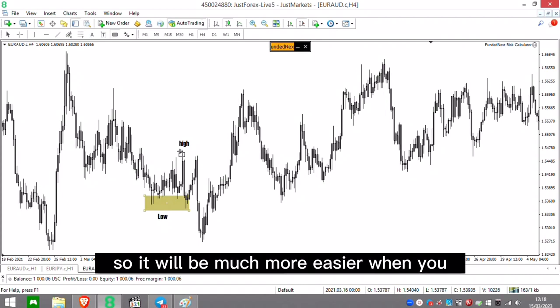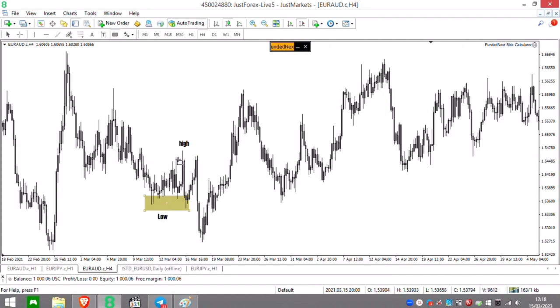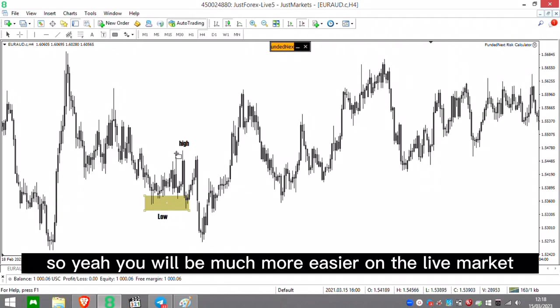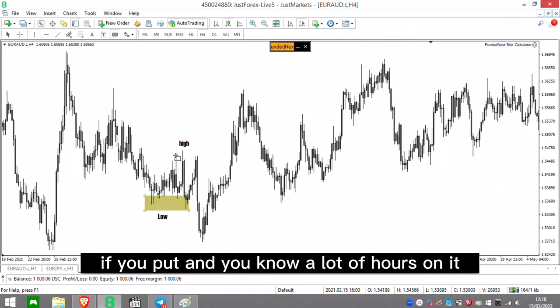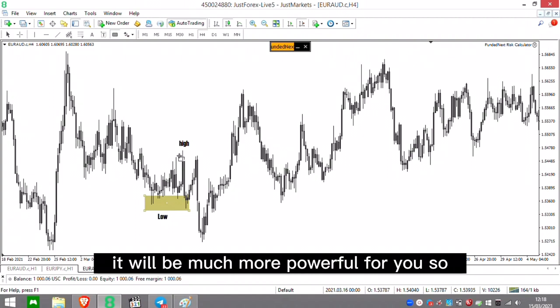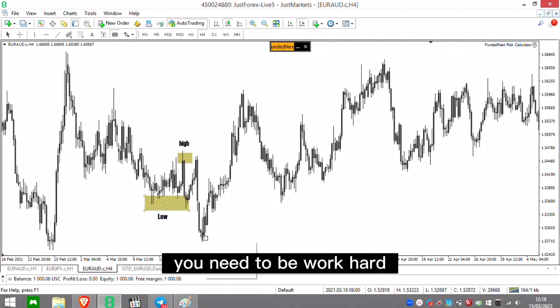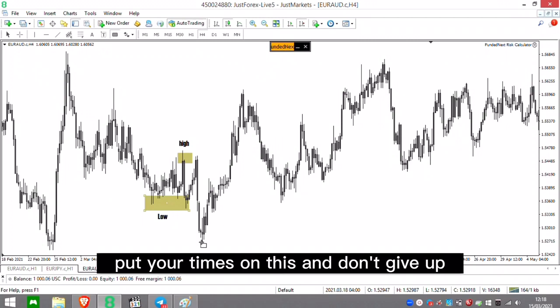So it will be much easier when you are on the live market. If you put a lot of hours on it, it will be much more powerful for you. So you need to work hard, put your time on this, and don't give up.